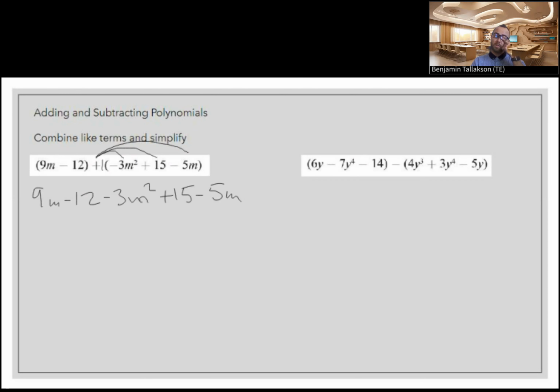Now look for like terms. 9m, negative 5m. Okay. 4m. Any constants other than negative 12? 15 plus 3. And then we have minus 3m squared, which is all fine and dandy, but let's put it in standard form. M squared, m to the first, and then m to the 0.